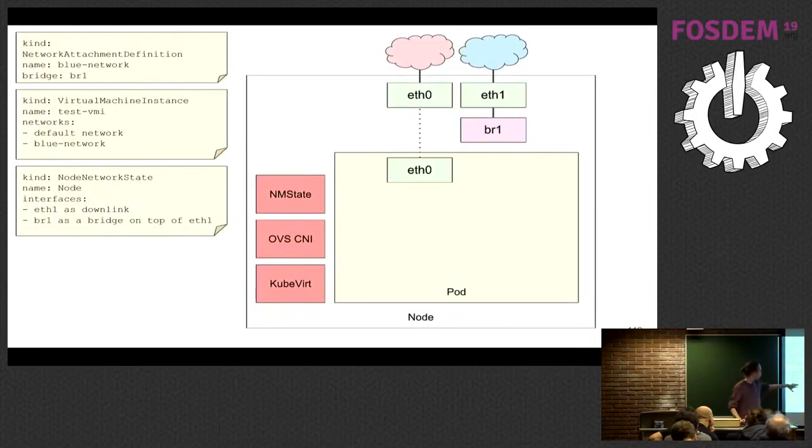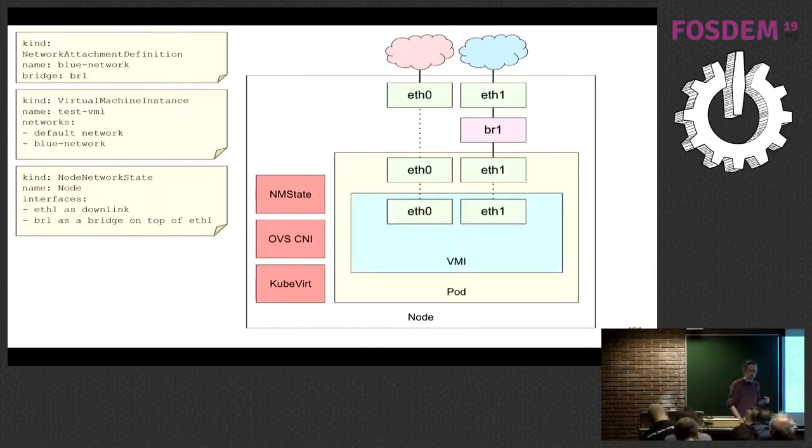On the node, we already have the bridge 1, and there is just the pod, no virtual machine in it. And the pod has access to the default network on the ETH0 interface. Now, thanks to Multus and the network attachment definition, we also got access to the secondary network on ETH1. And then we start our process that happens to be our virtual machine there, and we connect it to these networks.